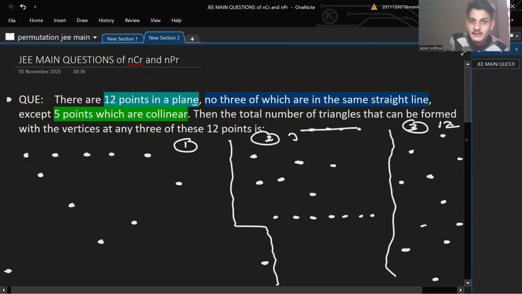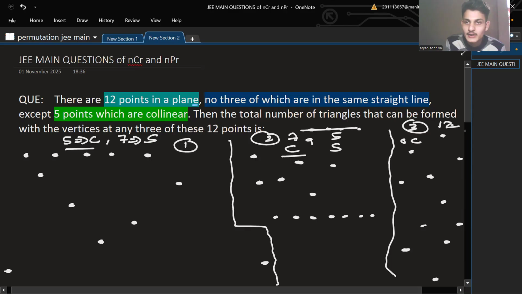In this case, 7 are collinear and 5 are scattered. And here, 5 points are collinear and 7 points are scattered. Here, 5 are collinear, here 7 are collinear, and here none is collinear. 0 points are collinear, and 12 are scattered.